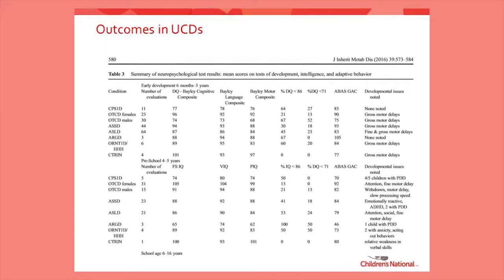But one of the things we found in this study is that in fact that's not true when it comes to the subsequent outcome of these disorders. Some of these disorders can be equally severe in terms of intellectual outcome. They still have developmental quotients that are reduced.